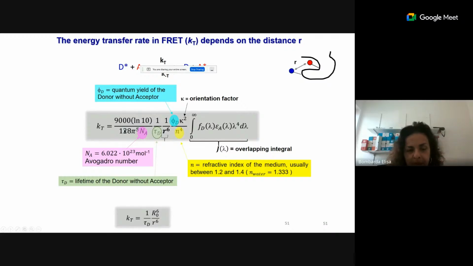All the others are numbers that are due to the mathematical model to solve this kind of equation.